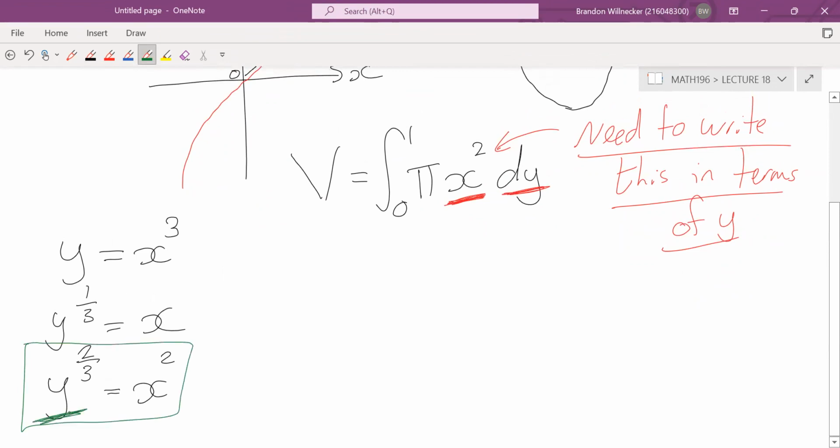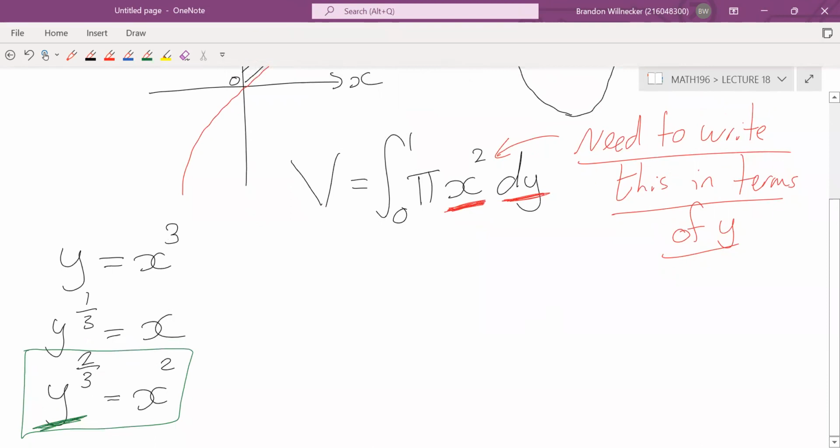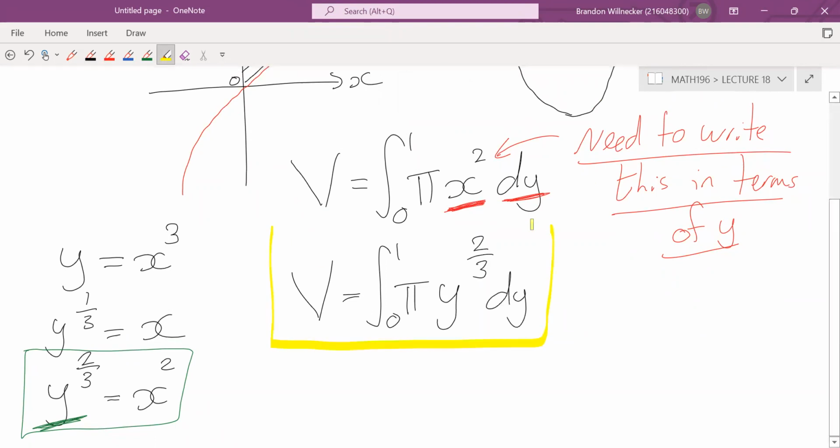So now we can substitute that in place of x squared. So the volume is going to be the integral from 0 to 1 of pi y to the 2/3 dy. Now everything is fine because it's all in terms of y. The integrand is in terms of y, we've got dy, the bounds are in terms of y.